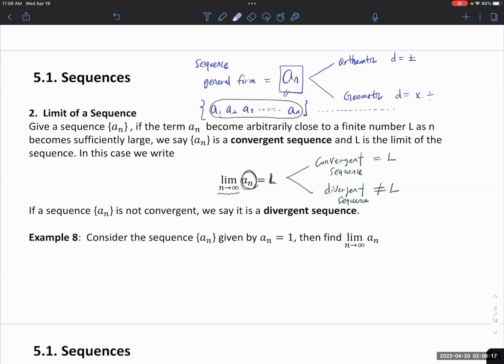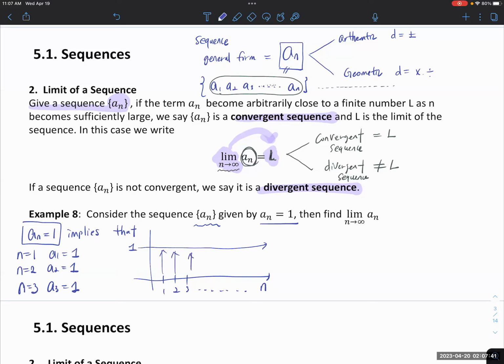When n equals 3, a_3 is going to be 1. That's what the general form is saying. So let's say this is n. As n increases, your outcome is fixed. It's always 1, right?